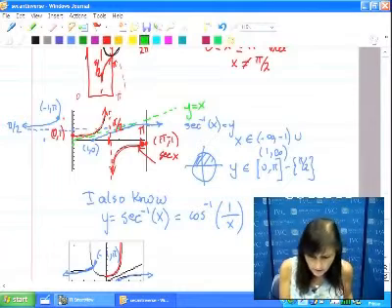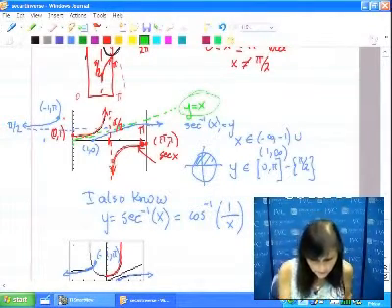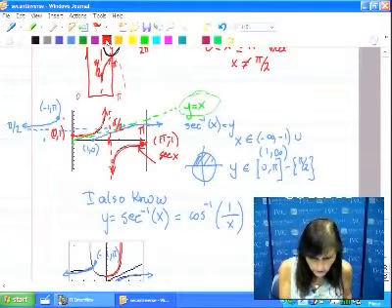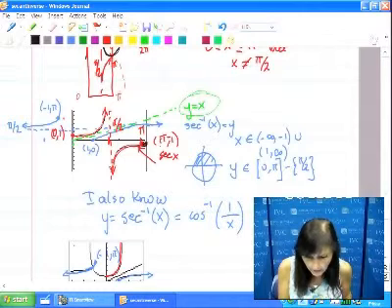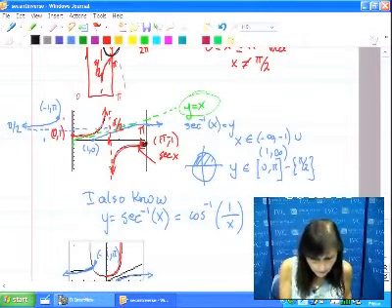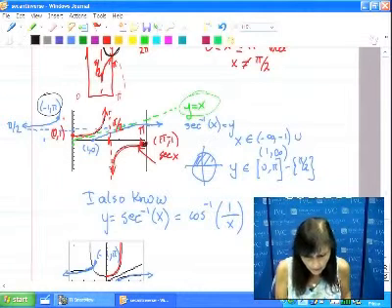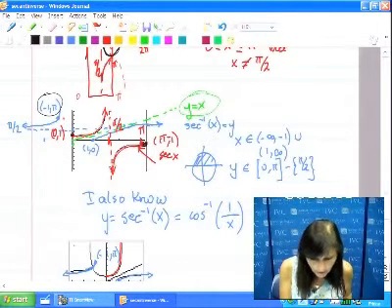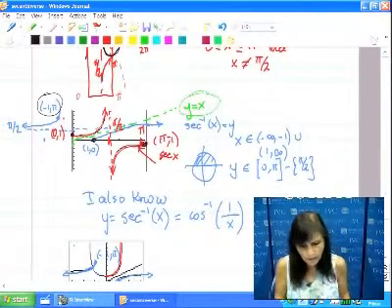And here is my y equals x. So what's going to happen is that point here, I'll do it in black, pi, negative 1 is going to get reflected to negative 1, pi right here. And this point 0, 1 is going to get reflected to 1, 0 right here.